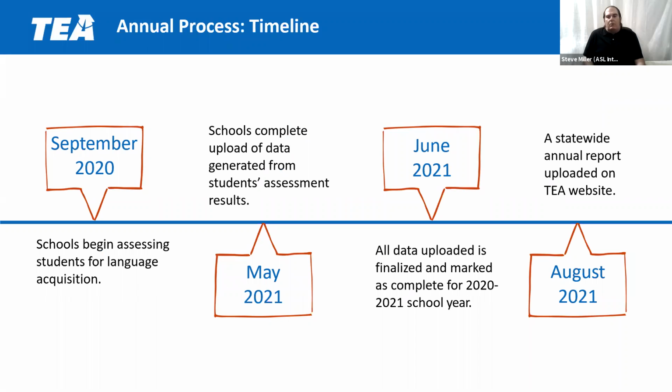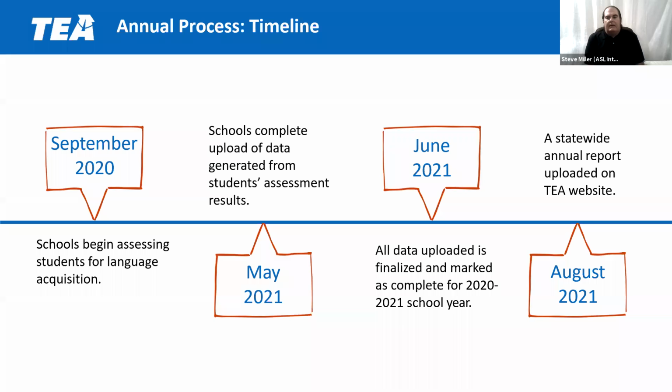This is the annual progress timeline. So all schools who have already identified the students that are qualified for the data collection, and I explained that in the House Bill 548 explanation earlier, will start testing annually in September in the fall. And they must complete all the assessments by May in that same school year.